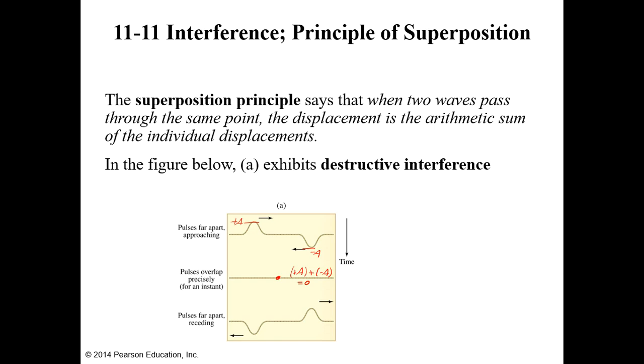But the energy is still moving in the same direction. This crest is still moving to the right and the trough is moving to the left, which means that after they hit that point, they're going to carry on, the crest still moving to the right and the trough moving to the left.